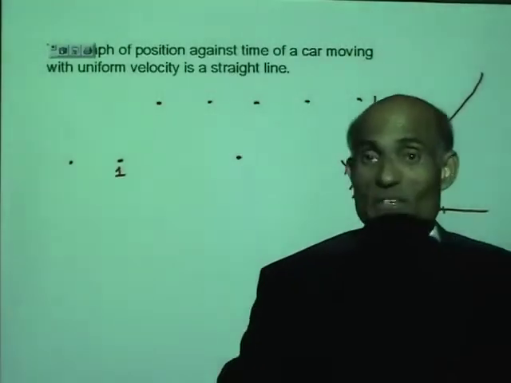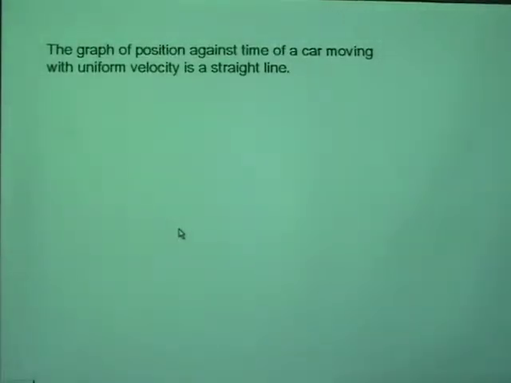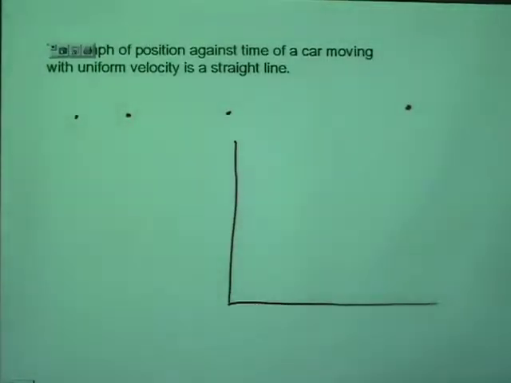Any idea how that's going to look like? Well, let me show you that one more time. Now, we start here. After the first second the car is there. After the second it is gone a lot more. After the third second, now if you draw a graph of x on the vertical axis and time here, let me show you this.